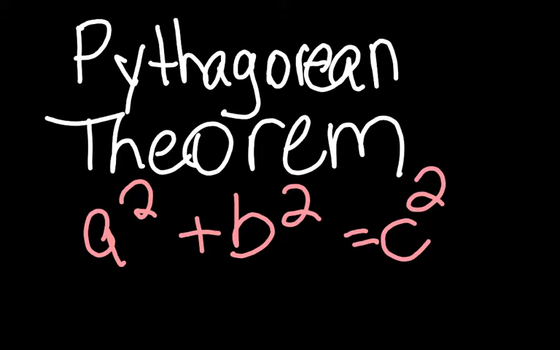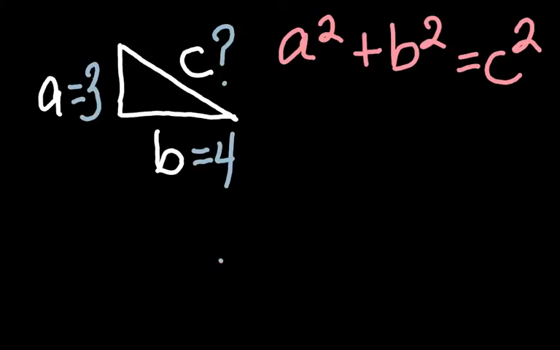Starting in a spot that's way, way back. Pythagorean theorem. You've seen it many times before. It's a squared plus b squared equals c squared. We're going to work on remembering how to use it. So looking at our beautiful triangle, we see that a equals 3, b equals 4, and c is what we're trying to calculate.